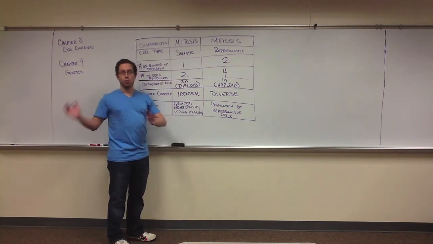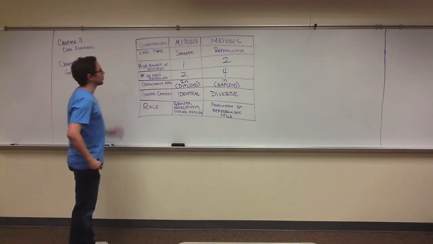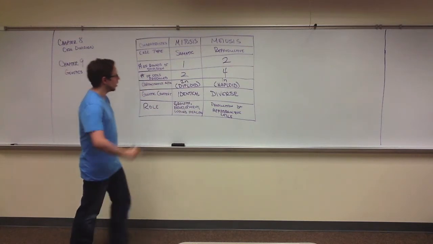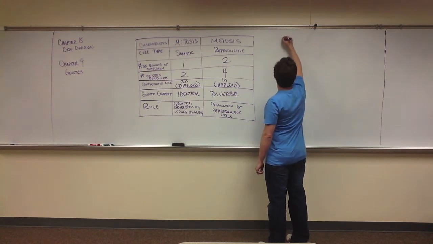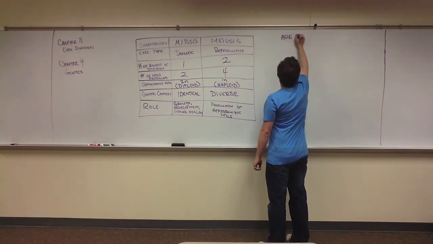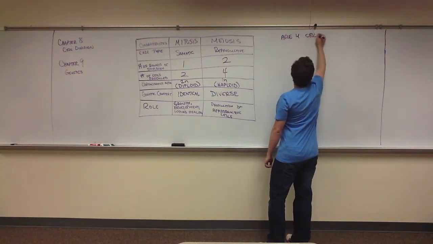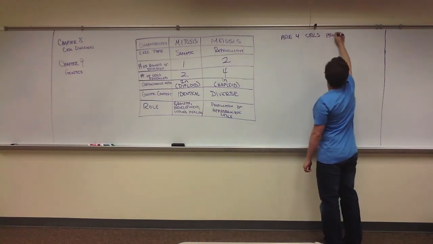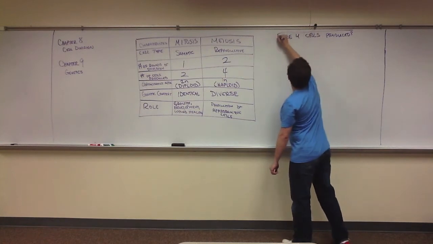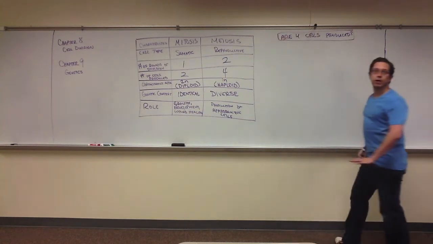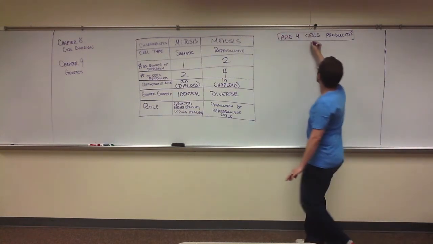First and foremost, let's start with the easiest one: are 4 cells produced? That's the easiest way to determine one versus the other.